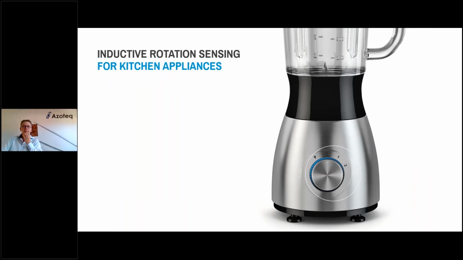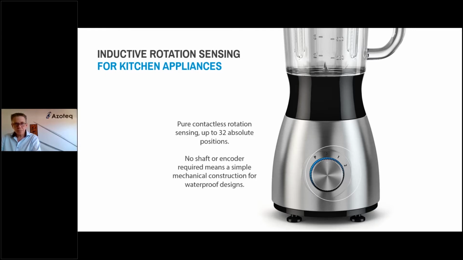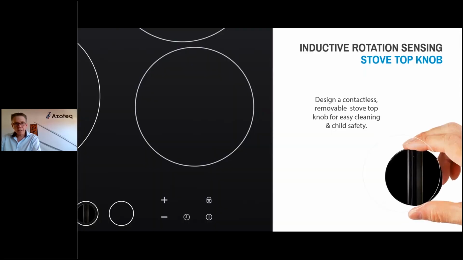So the applications for rotary sensing, again, are kitchen appliances where you need splash-proof, waterproof user interfaces, vertical surfaces like a blender, but even more important, horizontal surfaces, something like a stovetop. Imagine my animation from before.